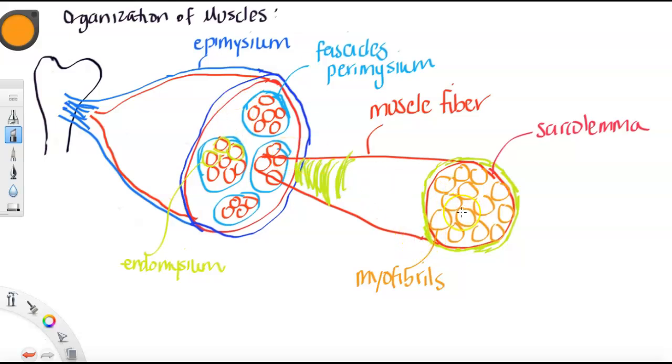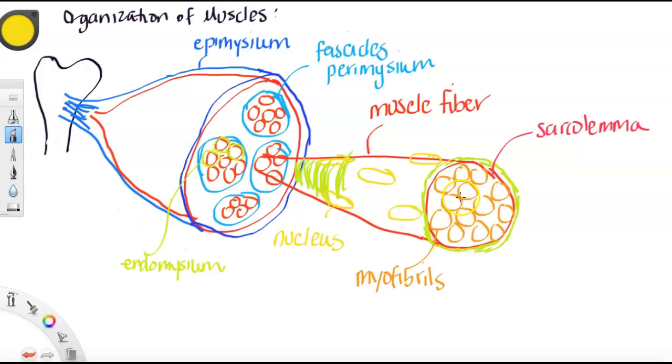Okay, and there's so many of these myofibrils in the muscle fiber that it pushes. Let's go ahead and add a little, I don't know what color, let's use this color. So this would be a nucleus, and the nuclei are kind of pushed to the periphery. Because remember, skeletal muscles are multinucleate, so it's going to have all these nuclei in there.